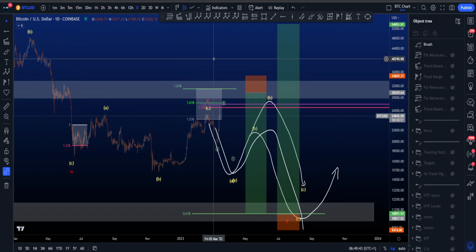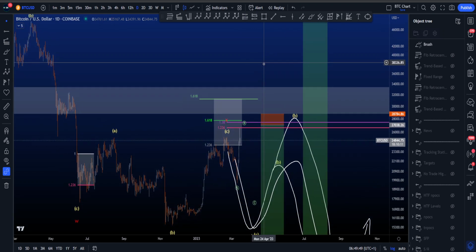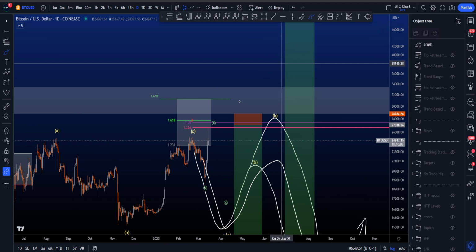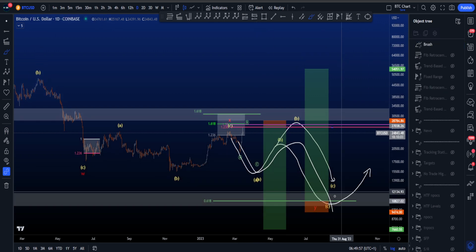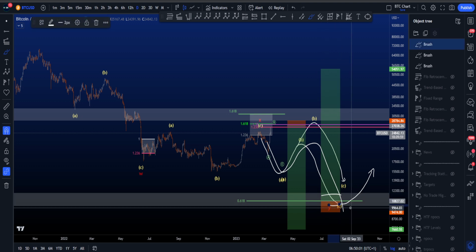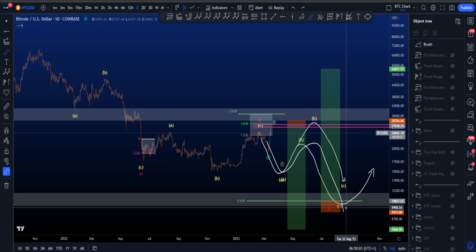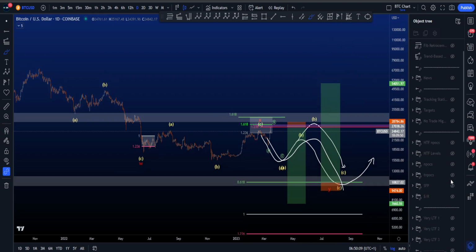Now, 2 potential trading setups in this scenario: if this is an expanded flat wave B, it's not allowed to close high time frame candles far above the area of a wave B, so one can trade it to the downside for this wave C. And eventually a trade long for wave Y is entering in this area between basically 12K and 10K with the stop loss somewhere below and then trading it to the upside.